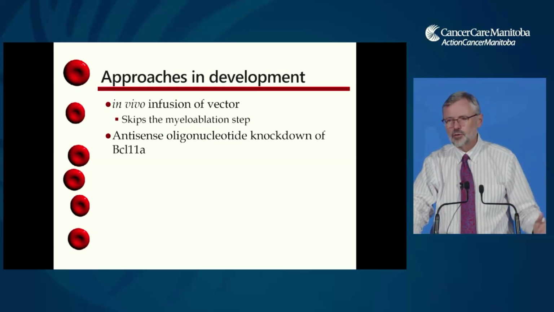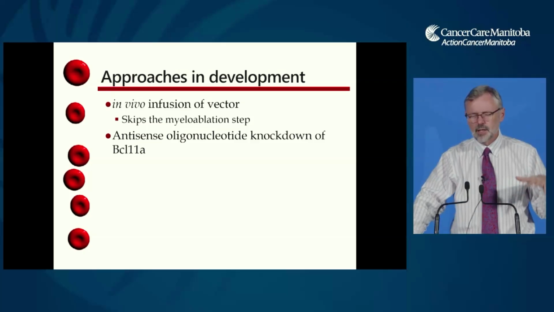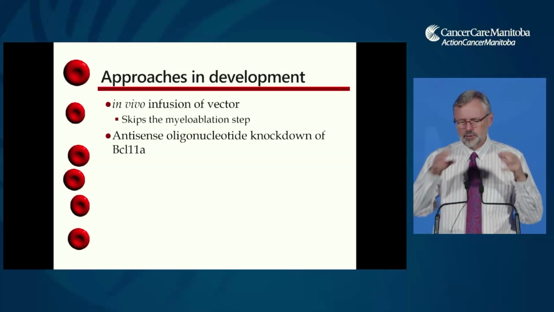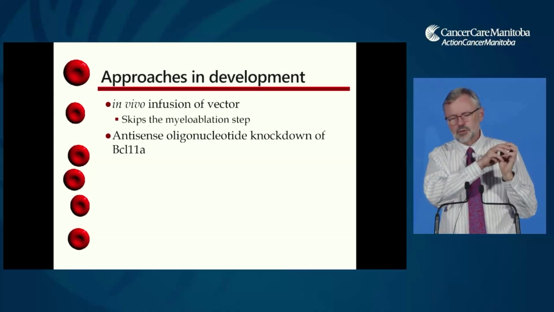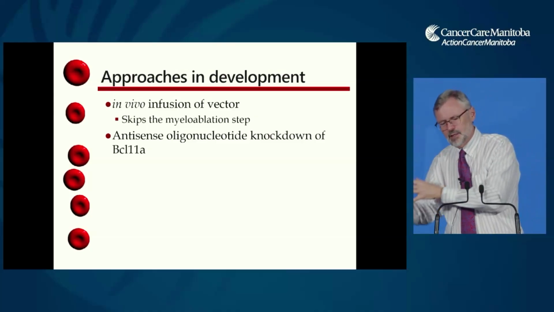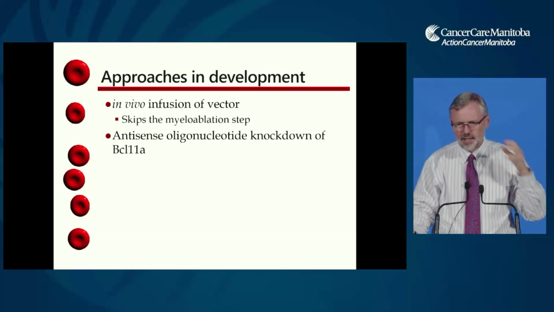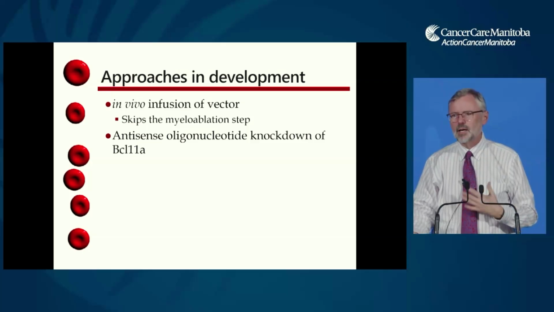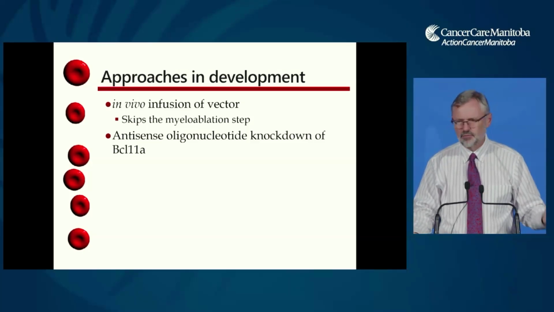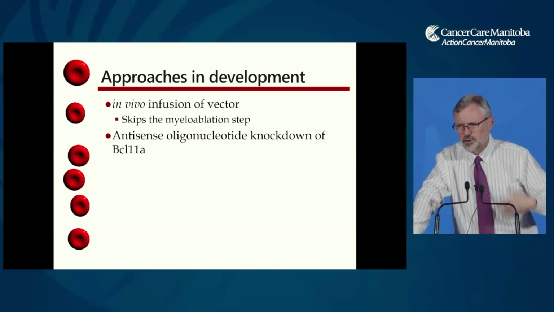And there's another very cool approach based on the same principle of knocking down BCL11A, but it uses a drug that binds the RNA. Remember, DNA is transcribed into RNA, and RNA is translated into protein. So instead of modifying the DNA, you just block the RNA step. It's totally specific. It's an injection you give once a month. Might be very cool, but it would be a drug that you would have to keep taking.